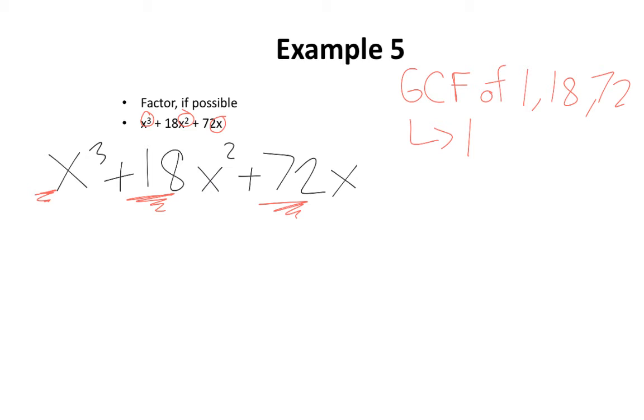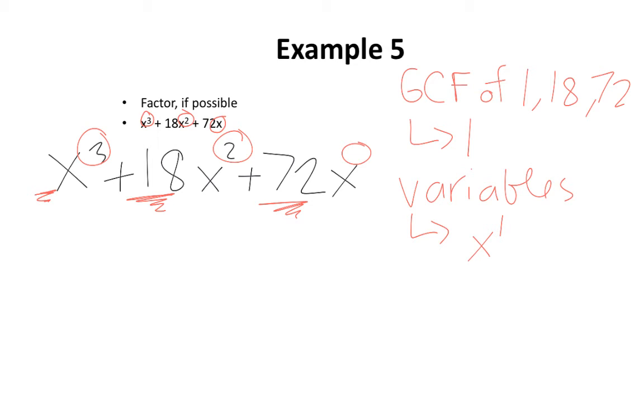So there's nothing we can really do there. But let's take a look at the variables. Are there any variables that are common among all three terms? And that variable happens to be x. And you want to take a look at the exponents of x, and you want to take the lowest exponent, which happens to be 1.